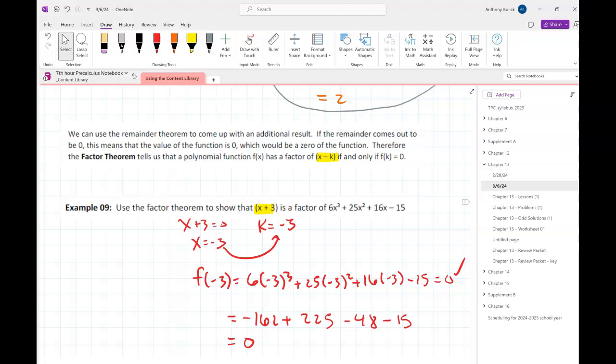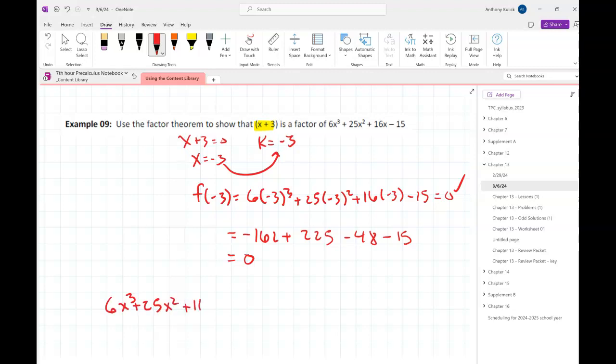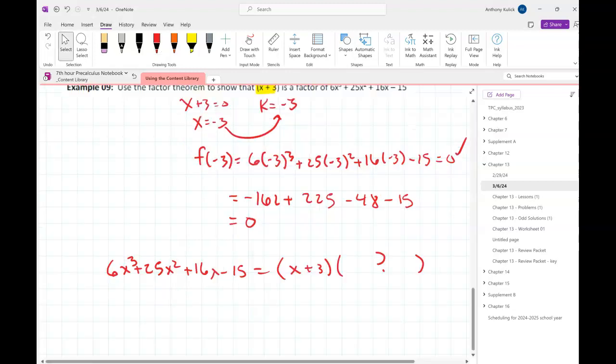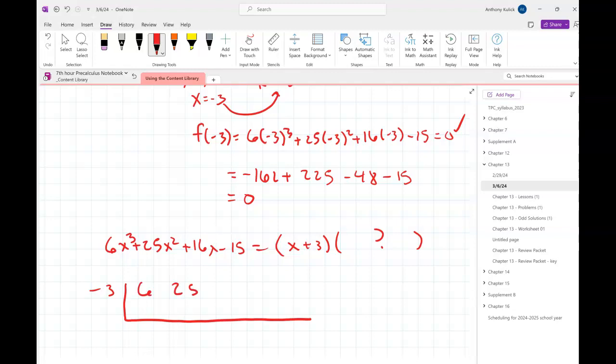Now, what's the issue here if we do it this way? Well, we know that this is going to equal x plus 3 times something, but we don't know what that other something is, right? That's where doing the synthetic division comes in really pretty handy, because it accomplishes both of these two things.